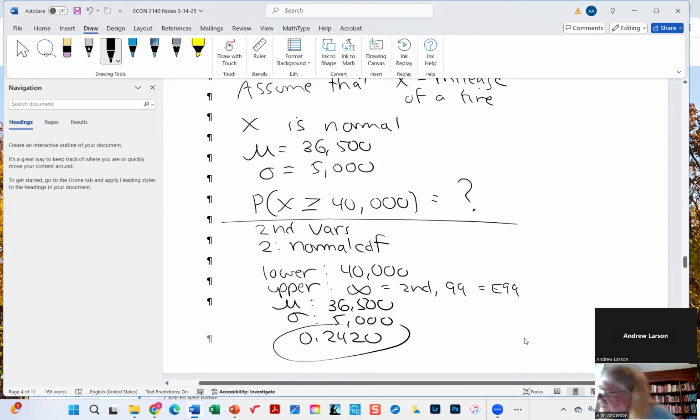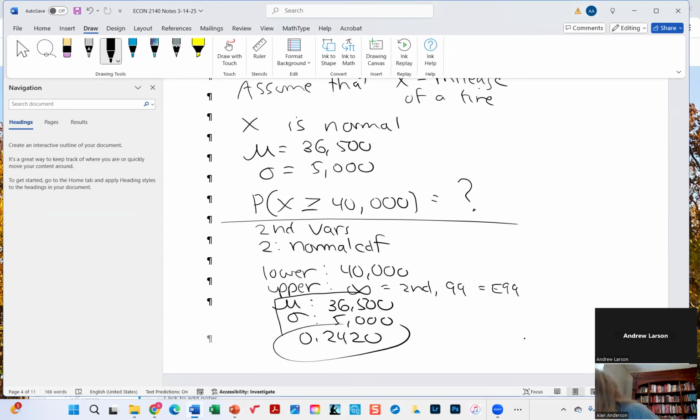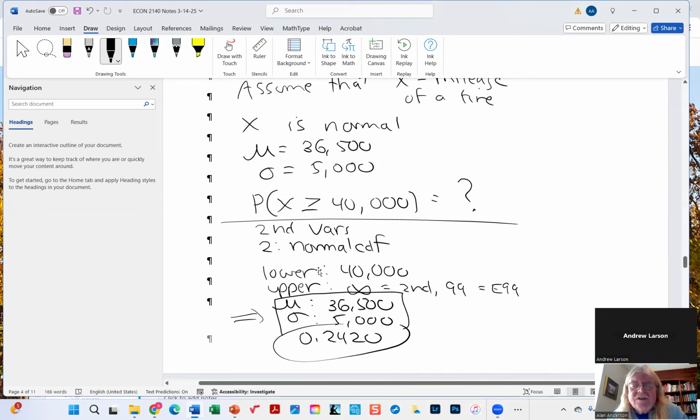Make sure you change the mean and the standard deviation. Here we have 36,500 and 5,000 respectively. Don't forget. And so if you do that in your calculator, you'll see that you're going to get 0.2420 approximately. That means about a quarter of their tires should last more than 40,000 miles.